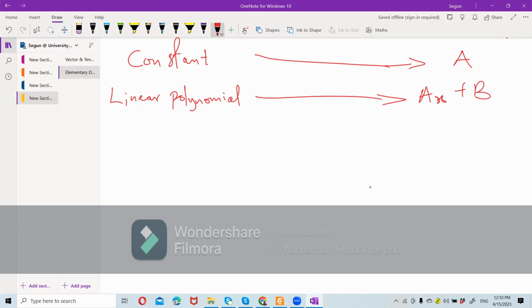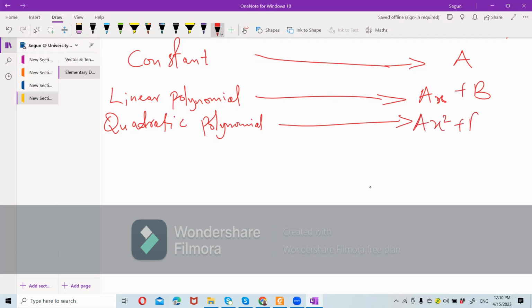These are the standard results. Then when I have a quadratic polynomial, quadratic means raised to power 2. Linear polynomial means it's ordinary x, but it's a polynomial. So you have it to be ax squared plus bx plus c.